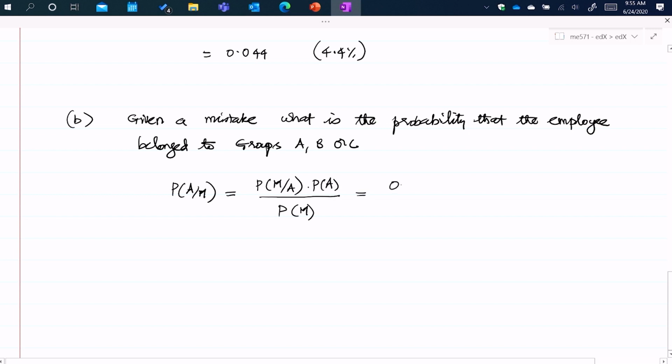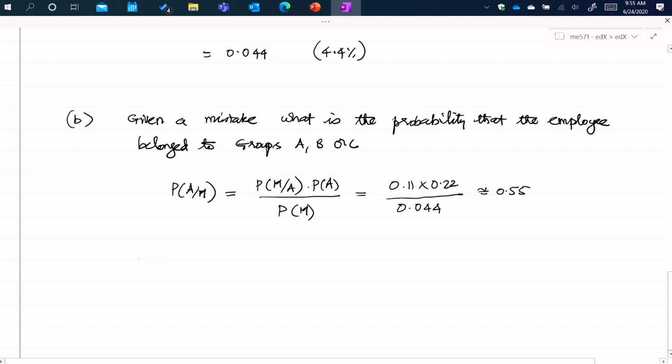So this is 0.11 times 0.22 divided by 0.044, and this value is approximately 0.55.